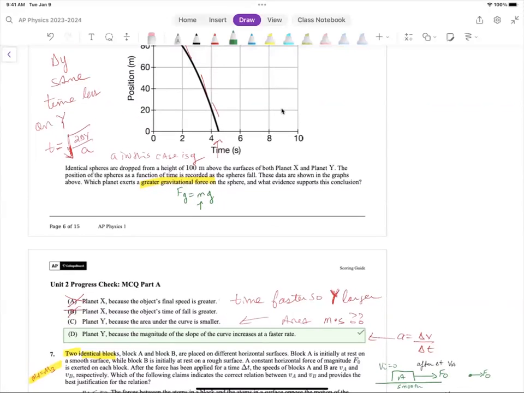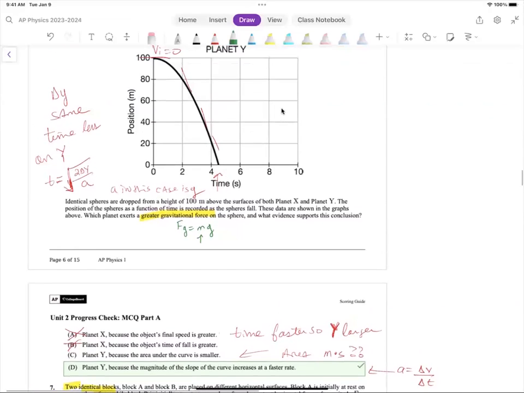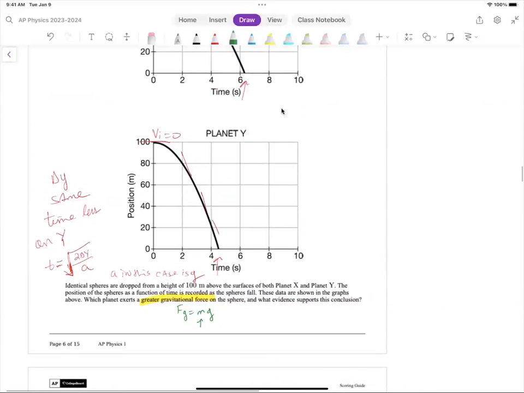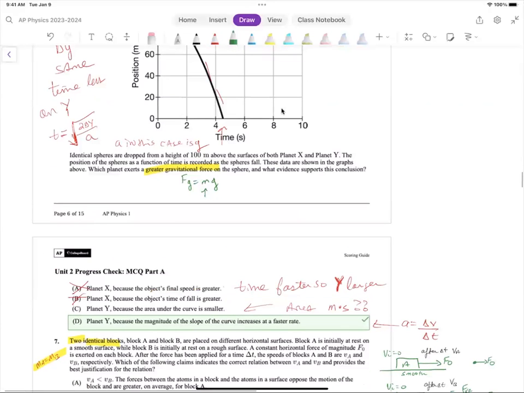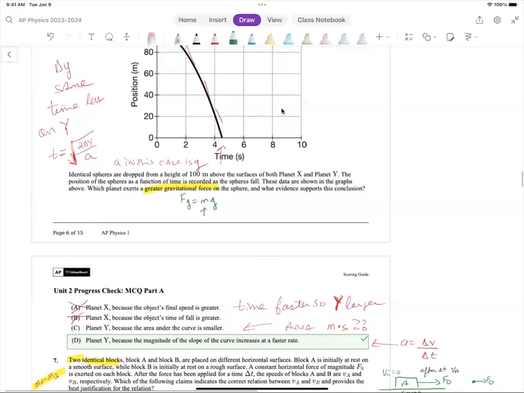Planet Y, because the area under the curve is smaller. The area under these curves, area is height times base. The units of the area of these graphs are meters times seconds. What in the world is a meter second? I don't know. So that doesn't make any sense. Planet Y, that is correct.